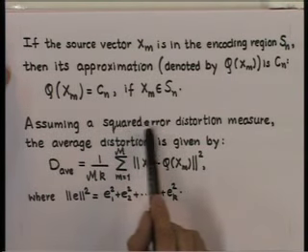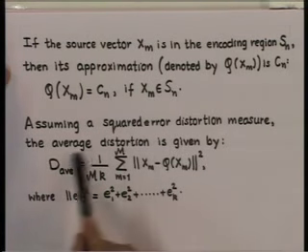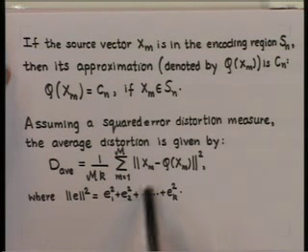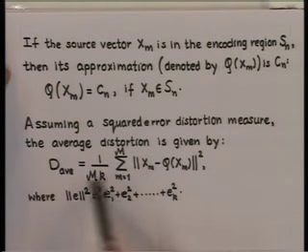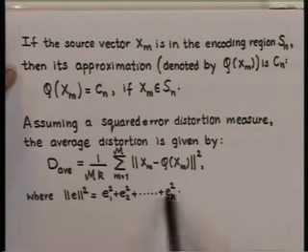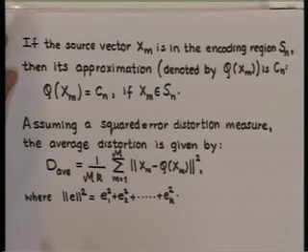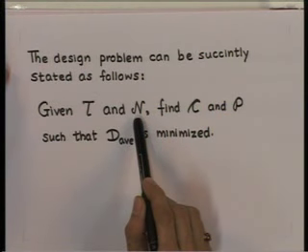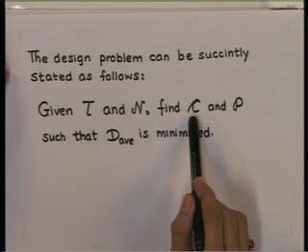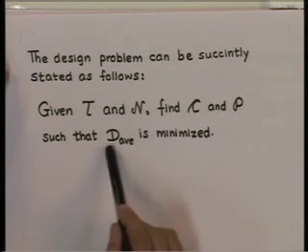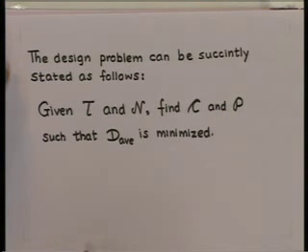Now, assuming a squared error distortion measure, the average distortion is given by this expression, where the norm is the Euclidean norm. So, given this, the design problem can be succinctly stated as follows: given the training sequence and the size of the codebook, that is n, find the codebook, that is the set C, and the partition P such that the average distortion is minimized.